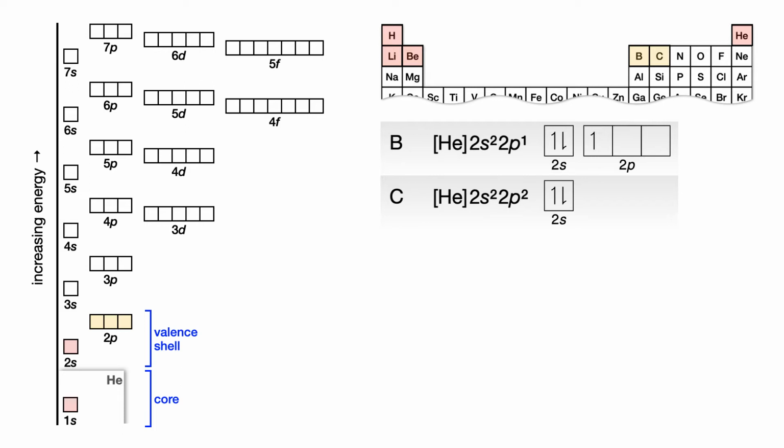We could pair up the next electron with the first one in one of those p orbitals. We could put the second electron into a different p orbital with an opposite spin, or we could put the next electron into a different p orbital with the same spin as the previous one. Of these options, the one on top is the worst because having two electrons in the same orbital creates the most repulsive forces.